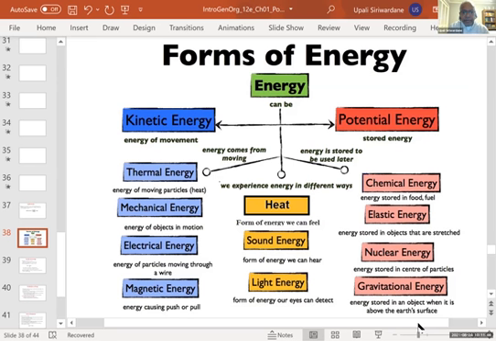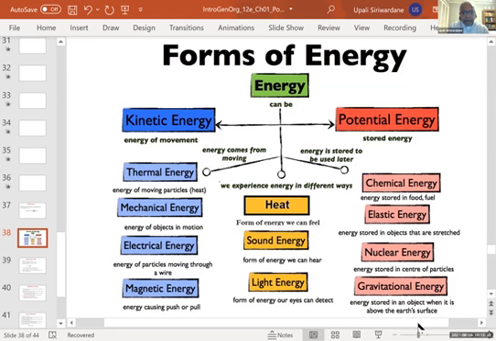Mechanical energy is when kinetic energy is converted to a useful form of energy. Energy produced from motion is mechanical energy. Electrical energy is moving electrons through a wire, and that is a form of kinetic energy.